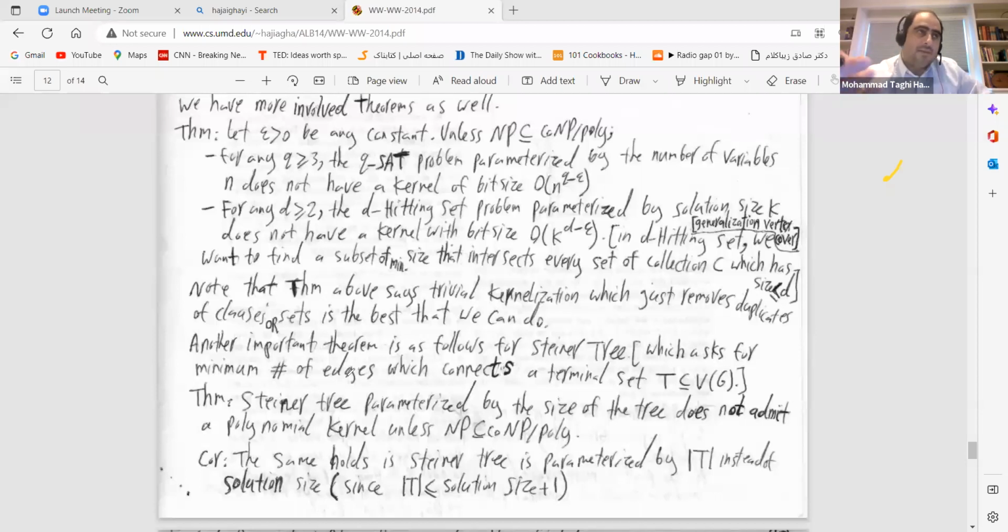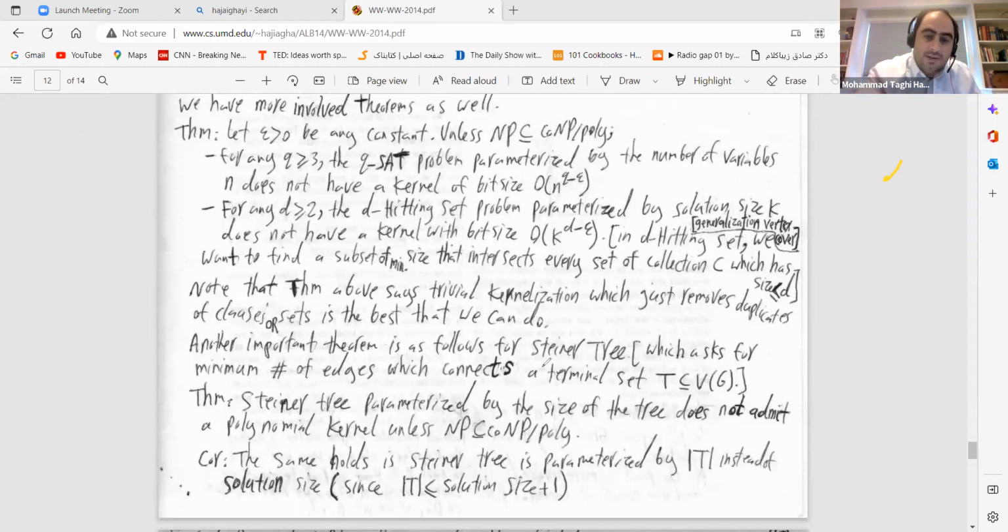But as we have seen, for example, the kernel size can be k squared. For some other problems, especially on planar graphs, the kernel size can be even linear in k, the parameter. The question is: can we always get a polynomial in k or not?